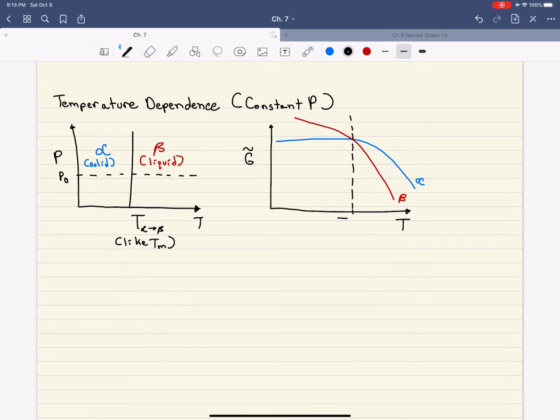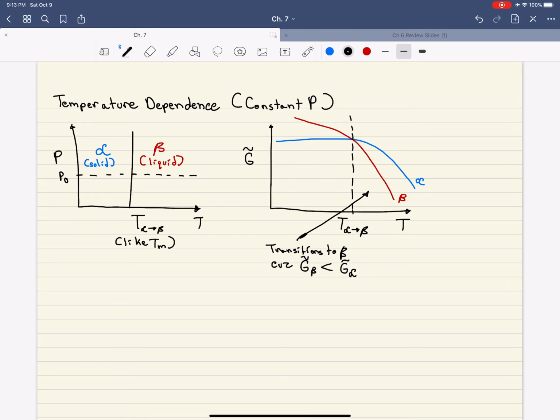That's what we call the T alpha to beta temperature. Okay? And so just to hammer this in, as you go to temperatures above that T alpha to beta, the system transitions to the beta phase because the molar Gibbs energy of G beta, or the beta phase, becomes less than the molar Gibbs energy of the alpha phase.